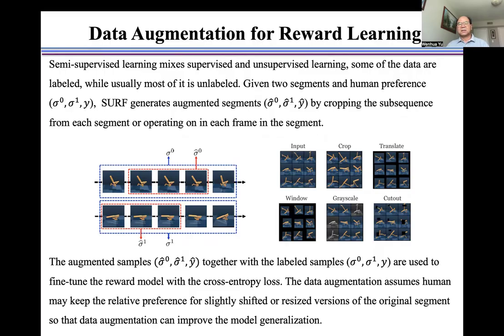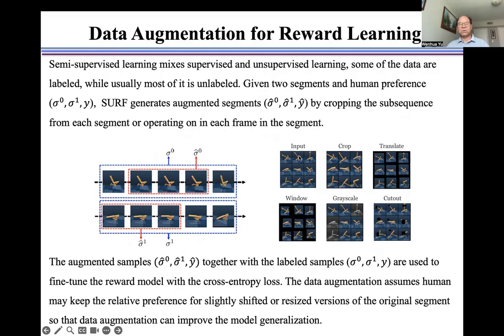Given two segments and human preference, sigma 0, sigma 1, and y, SURF generates augmented segments by cropping a subsequence from each segment, as shown in each frame of the segment here. This is the original segment, and this is the augmented segment.